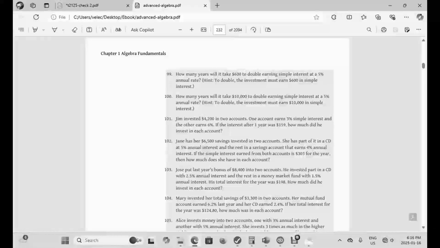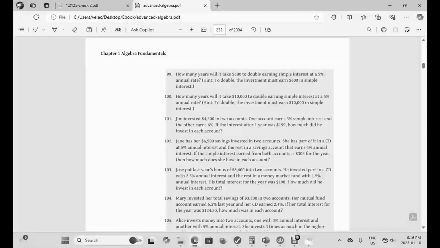How many years will it take $600 to double earning simple interest at a 5% annual rate? To double, the investment must earn $600 in simple interest.